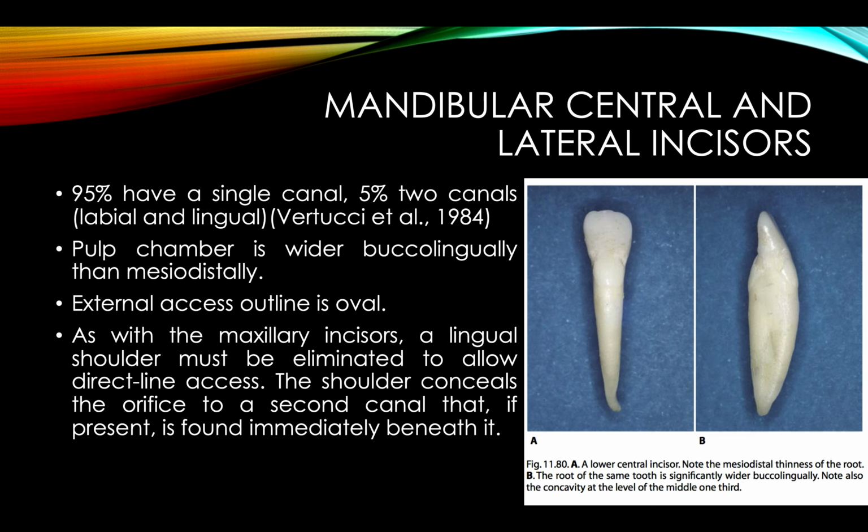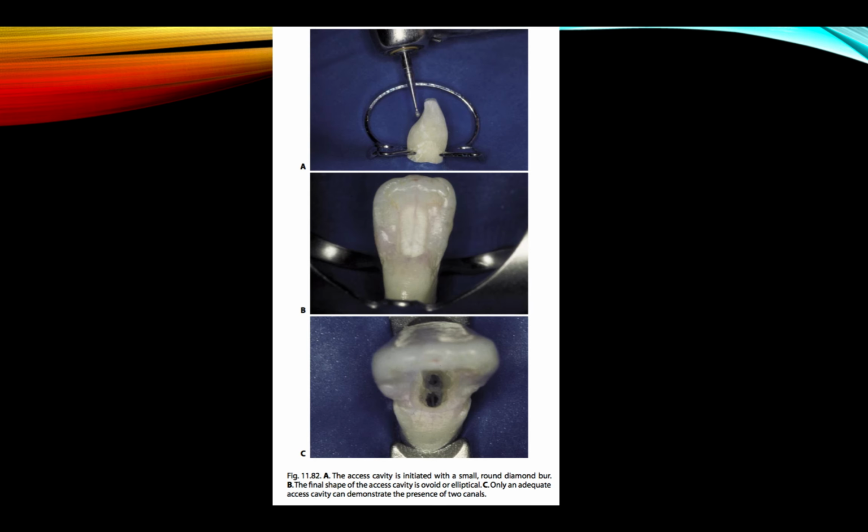And then we use Gates Glidden to remove the lingual shoulder if it's visible. However, in the mandibular incisors, the lingual shoulder will not be as prominent as it is in the maxillary incisors.